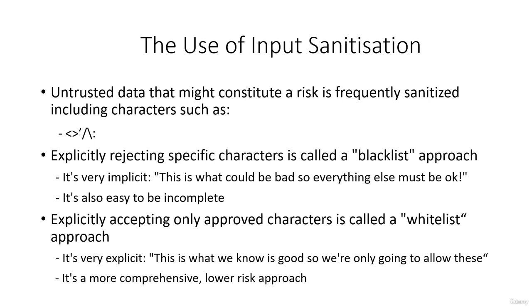Now this is much more comprehensive, because if there are things that are potentially bad that we don't know about yet, with a whitelist we are going to be pretty safe. There are various different ways of implementing a whitelist depending on the types of data.